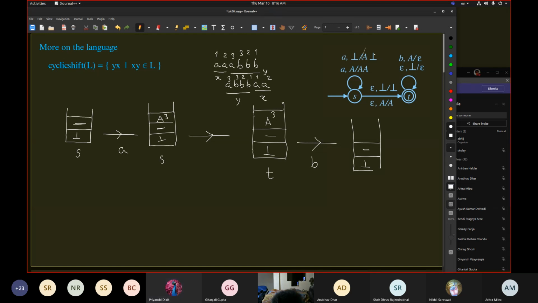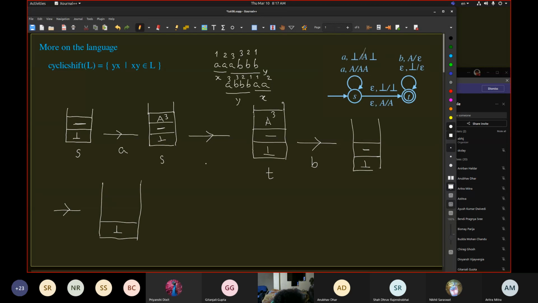Then it sees the second B, B2. That requires an A to be present on the top of this stack, but nothing is there. So in order that it guesses some A, it should also remember that it has guessed that thing.